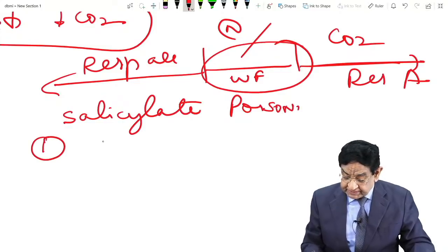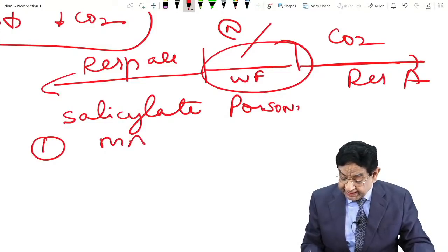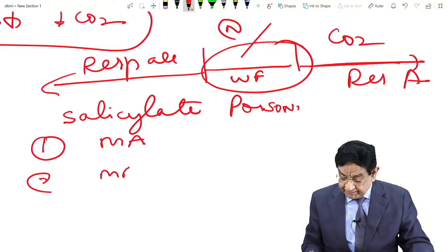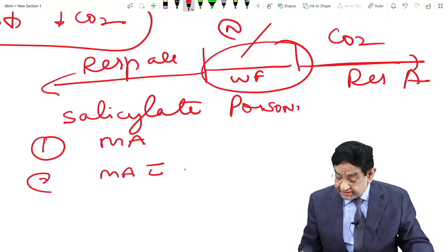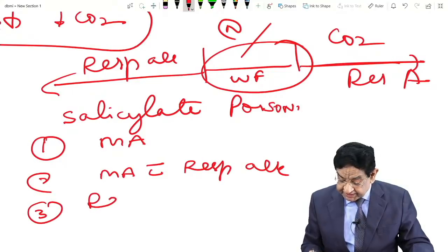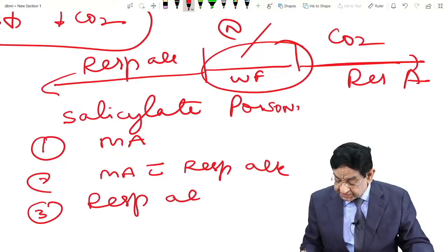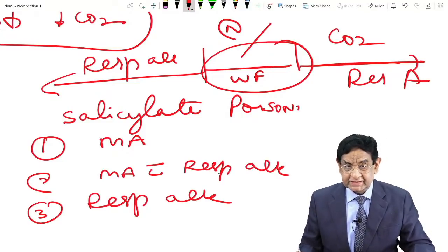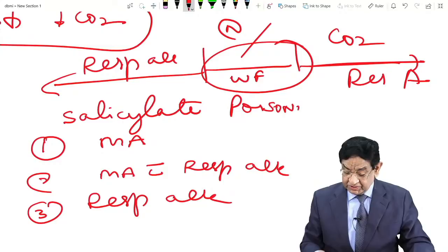First step is immediately metabolic acidosis. Second step is metabolic acidosis with respiratory alkalosis. Finally, it becomes respiratory alkalosis, because by the time it is getting metabolized, alkalosis occurs.